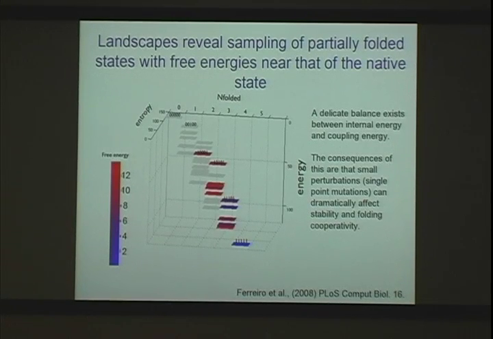So this is one of the landscapes that Diego Ferrero calculated using this Hamiltonian approach. One of the interesting surprises that came out of these initial attempts at making real folding landscapes, these are not pretty little pictures, but actual energy levels for these intermediate states, was that very small perturbations would have dramatic effects on the stability and folding cooperativity.